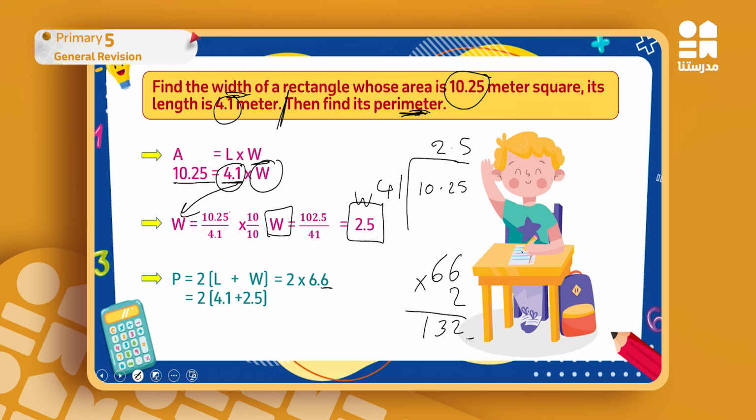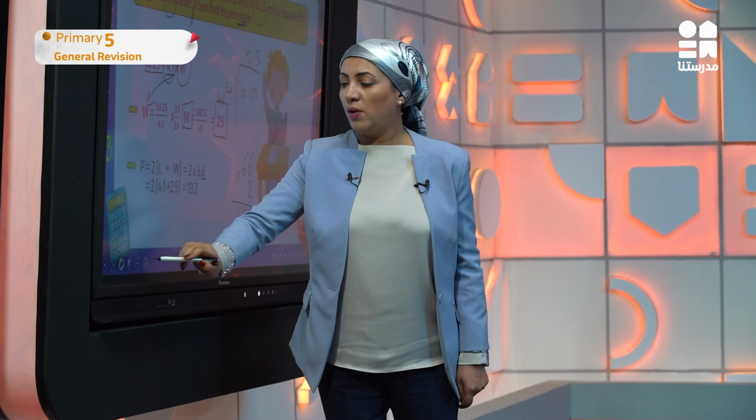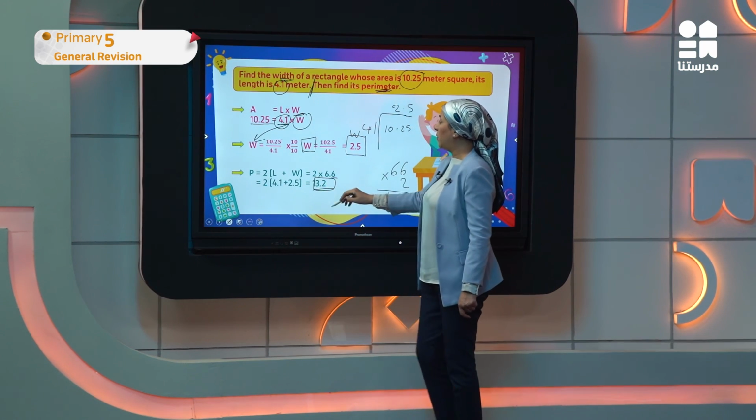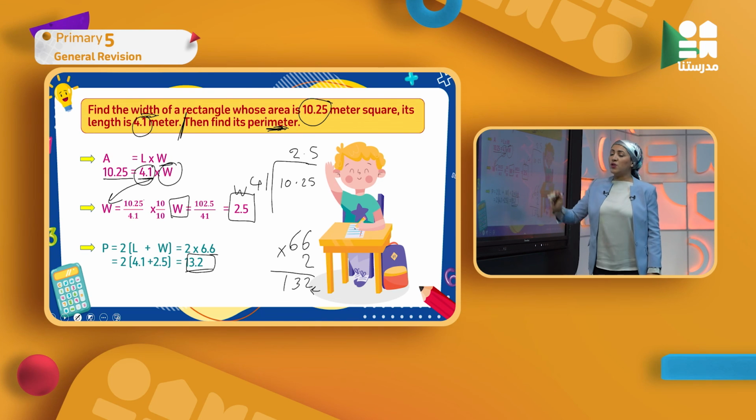So I will count only one place, and I will locate my decimal point after the first decimal place from the right hand side. Then my answer will be 13.2. So the perimeter here is 13.2 and the width is 2.5.